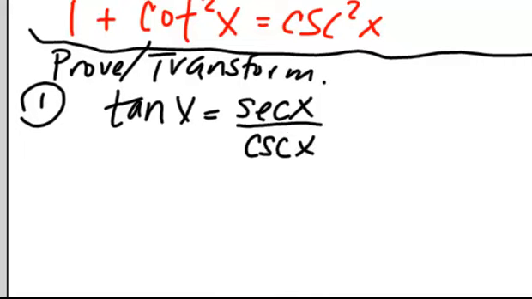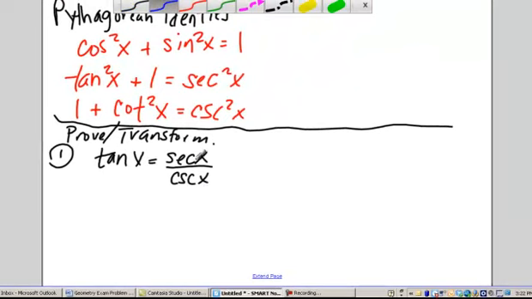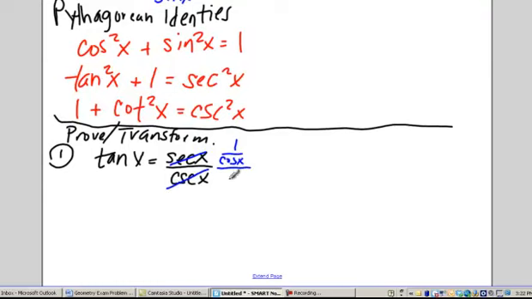Now, the key to this problem is to use one side and transform one side of this problem. So we know secant is the same thing as 1 over cosine of x. We know cosecant is 1 over sine of x.